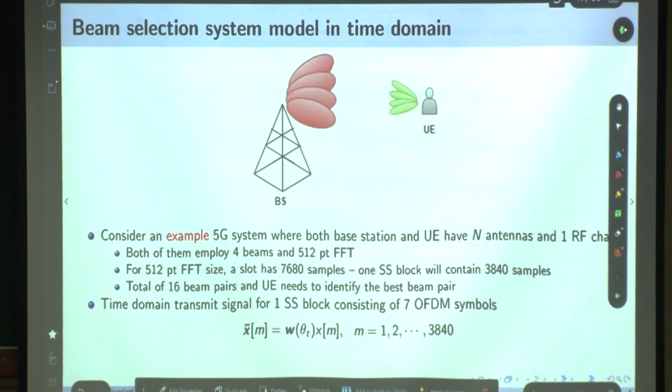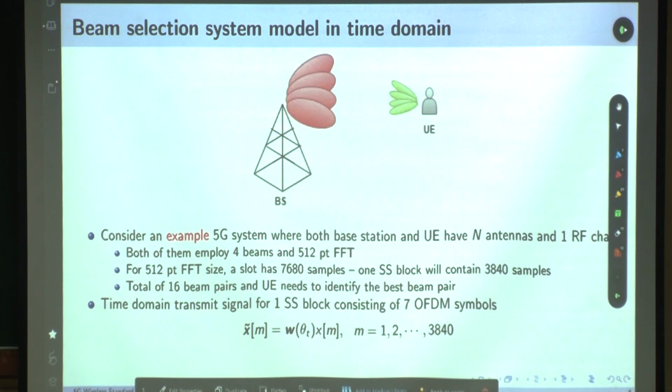Okay. So what is this? This is X of M. You remember, the transmit domain, transmit symbol. Then it is precoded using a precoder in a particular direction. Correct. And this is the precoded signal, that's what is being transmitted.